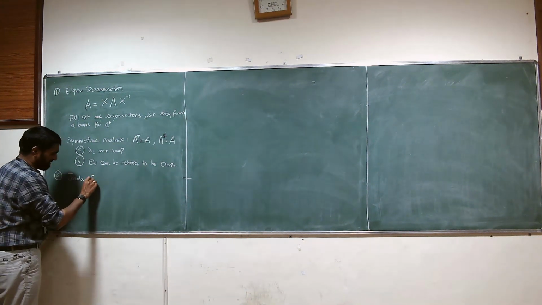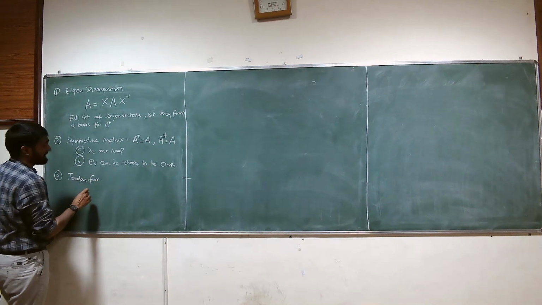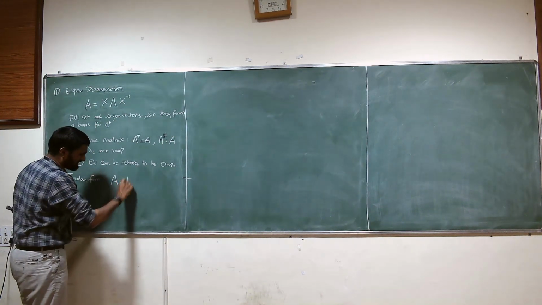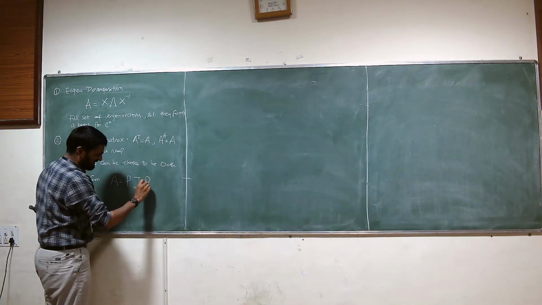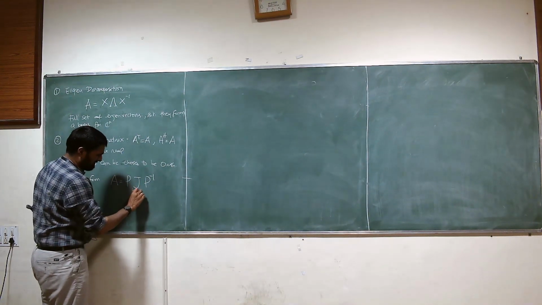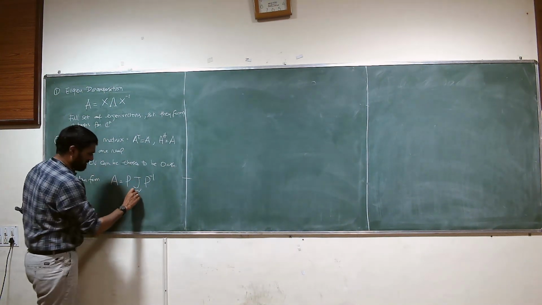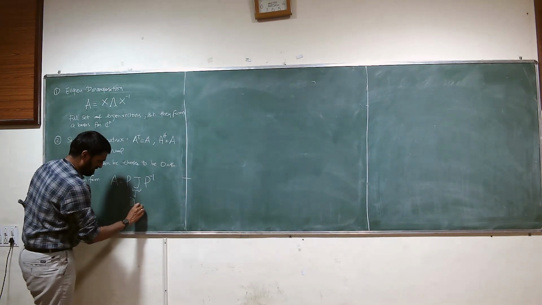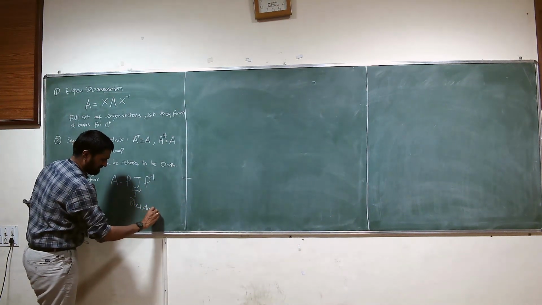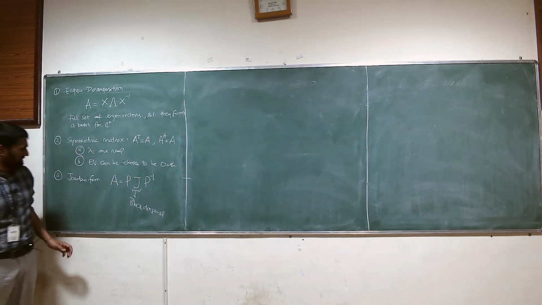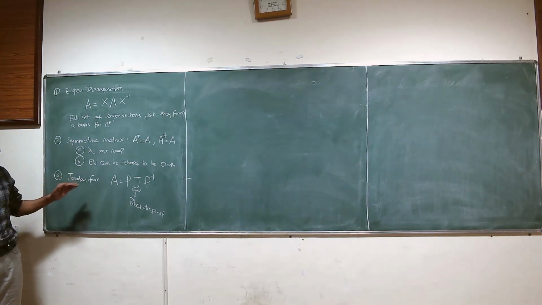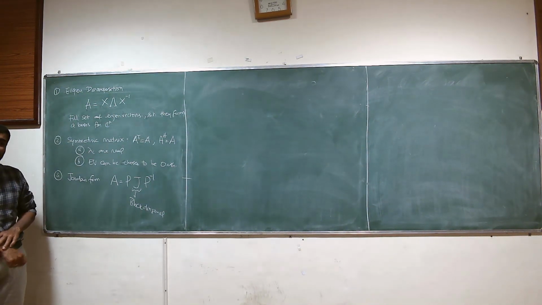Then Jordan form. When you cannot diagonalize a matrix, what you can do is this. When would we have a situation where a matrix is not diagonalizable?